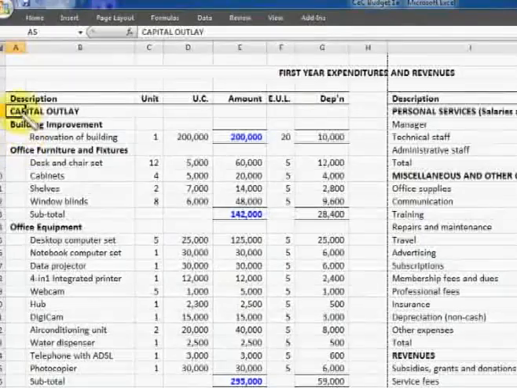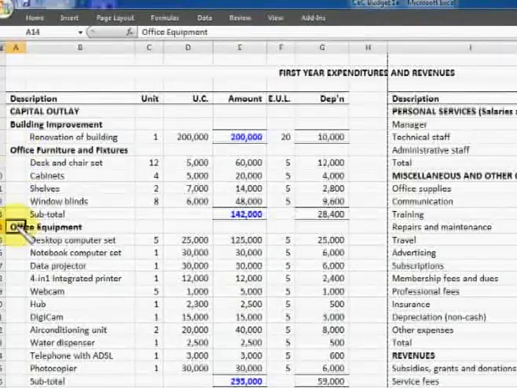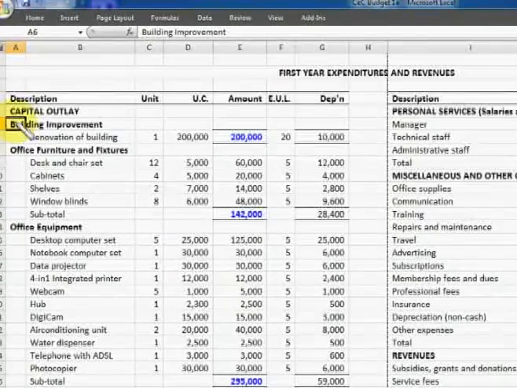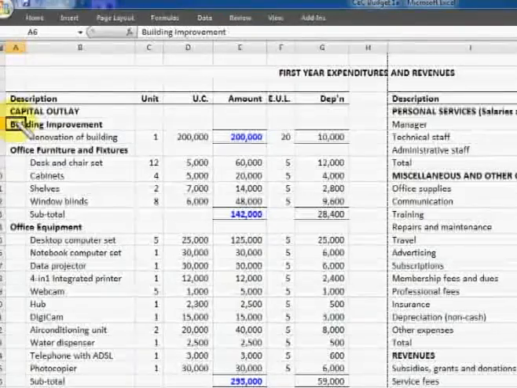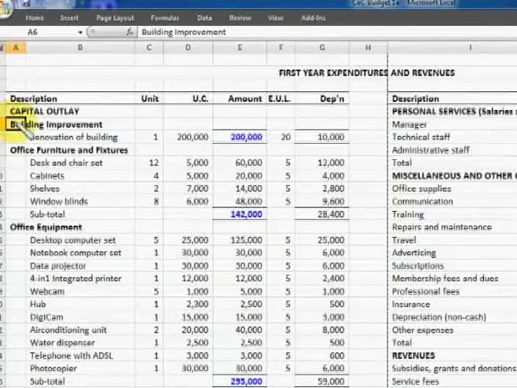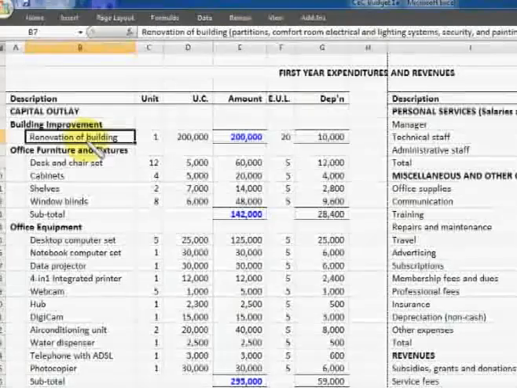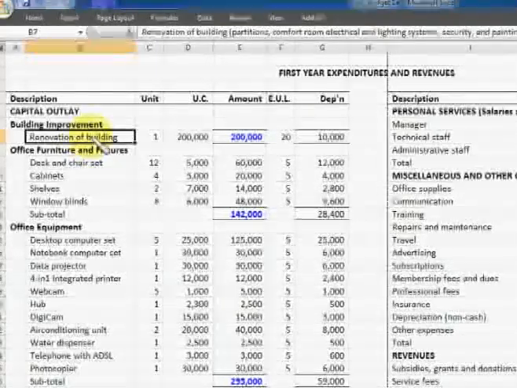For the capital outlay, we have under it building improvement, office furniture and fixtures, and office equipment. It is, of course, necessary that the CEC must have its own building or maybe just a space for it to operate. Now, in this example, we have this account building improvement, and the cost is for the renovation of the building provided by the local government.